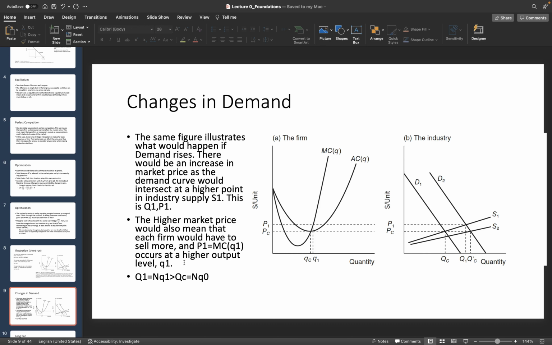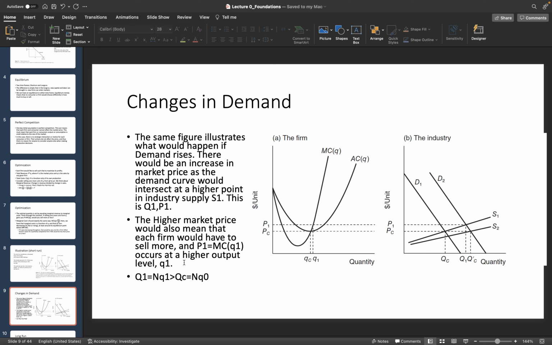Now, what happens when there are changes in demand? This exact same picture also illustrates what would happen. The first thing is that if demand rises, it would shift the industry market demand from D1 to D2. And it would intersect S1 at a higher price point and a higher quantity, at Q1 and P1.